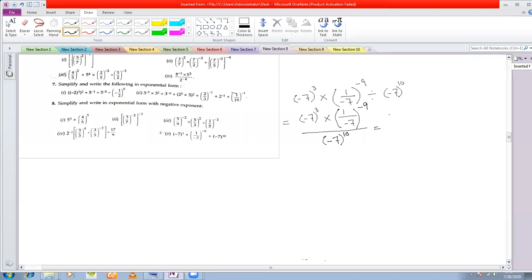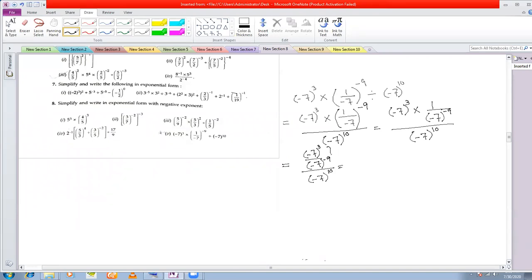So this will become minus 7 cube into 1 by minus 7 to the power of minus 9 divided by minus 7 to the power of 10. Now this can be written as minus 7 cube divided by minus 7 to the power of minus 9 divided by minus 7 to the power of 10.